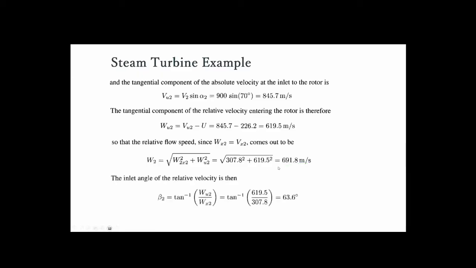And the inlet angle of the relative velocity is therefore beta 2 equals tangent inverse of Wu2 over Wx2. So the inverse tangent of this value, you will get beta 2 equal to 63.6 degrees.